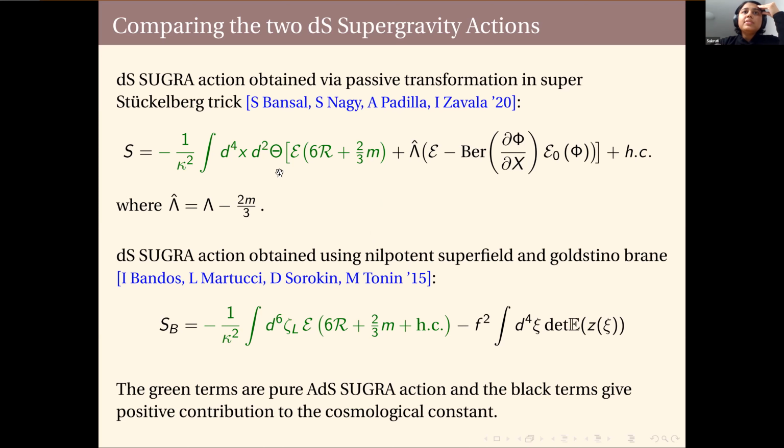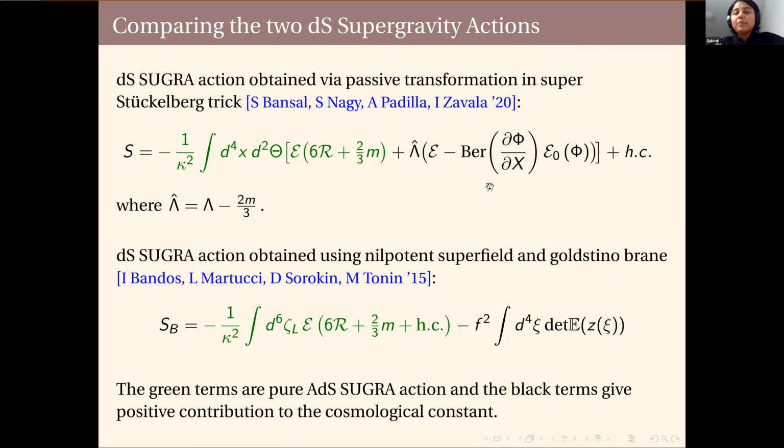Now, the first parts of these actions, which are shown in green, are the standard supergravity parts, and they match completely. They are exactly the same. I have not shown that very explicitly, but if you look at it closely, you'll find over here you have 6 epsilon R, and the same here. And here you have 2/3 M, and so it is here. So these two parts are exactly the same.